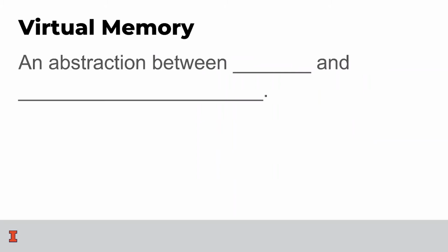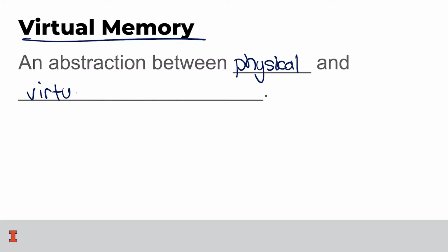So what we said was we don't want all of our programs to access the same memory at the same time. That seems crazy dangerous. So instead, on every modern system, we're going to have an abstraction called virtual memory. Virtual memory is this beautiful abstraction between physical and virtual memory addresses.